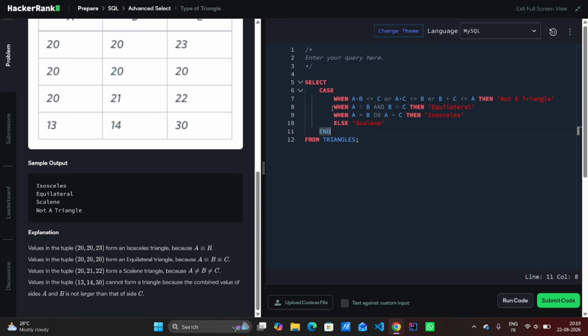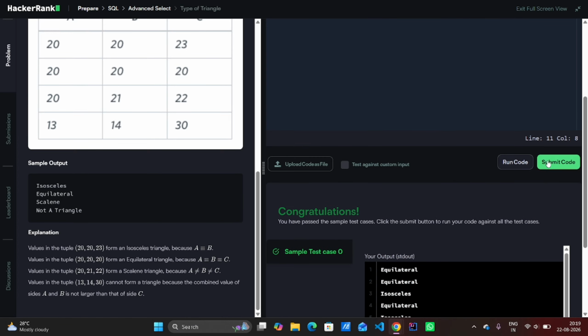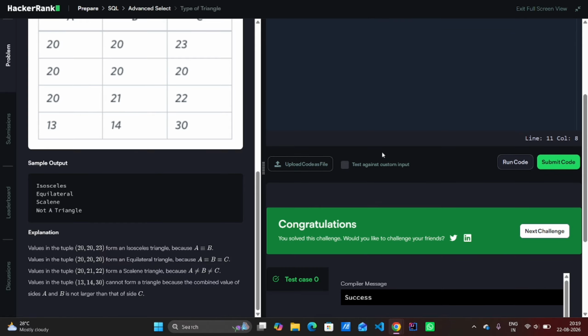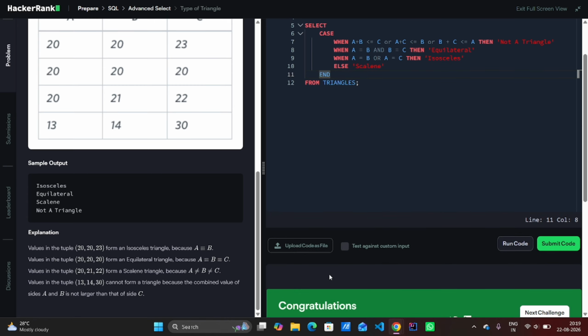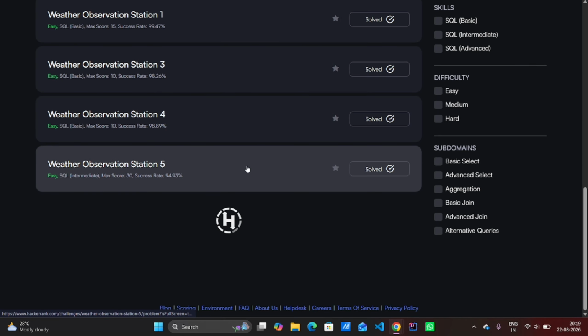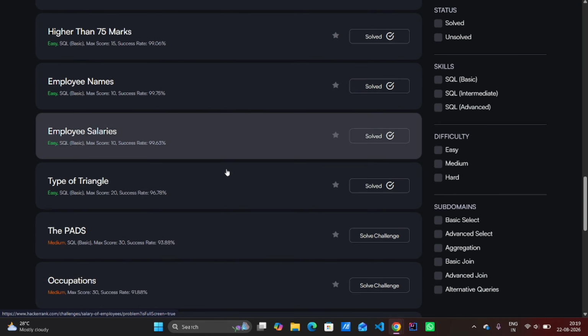We end this case here, from the triangles table. Let's quickly submit it. That question was really good. Okay, success. Let's move to the next question, which is of medium level.